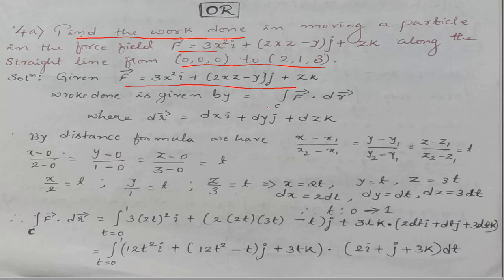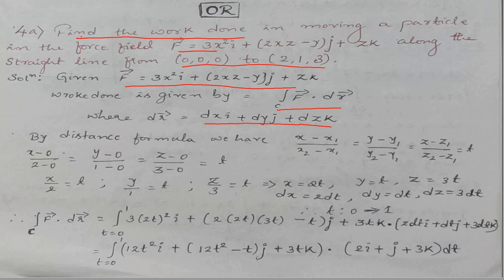The work done is given by the formula: integral over the curve C of f dot dr, where dr is defined as dx i plus dy j plus dz k.